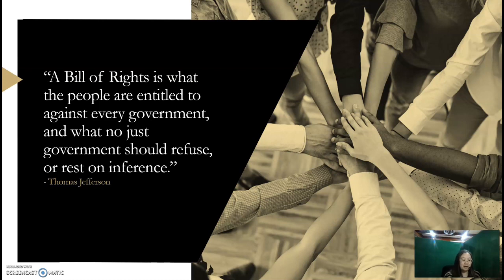Okay? These are fundamental rights or essential rights which need not be granted by the government. These are rights which the government cannot take away from us, the citizens or the members of the population. And these are rights which the government must protect. Okay? Earlier, I said that I believe the Bill of Rights is the heart of the 1987 Philippine Constitution because it is an indispensable part of the Constitution.